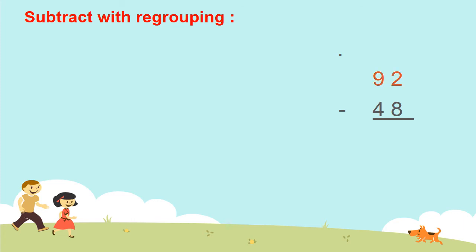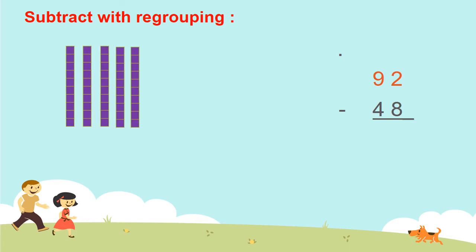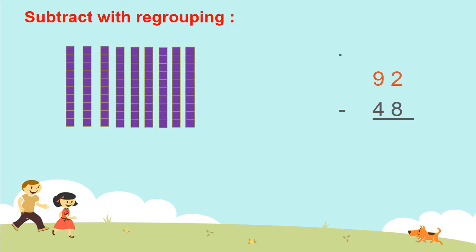Let's represent it. So 1, 2, 3, 4, 5, 6, 7, 8, and 9. 9 tens and 2 ones. Okay, now where do I start? With the ones. Now what shall I do?